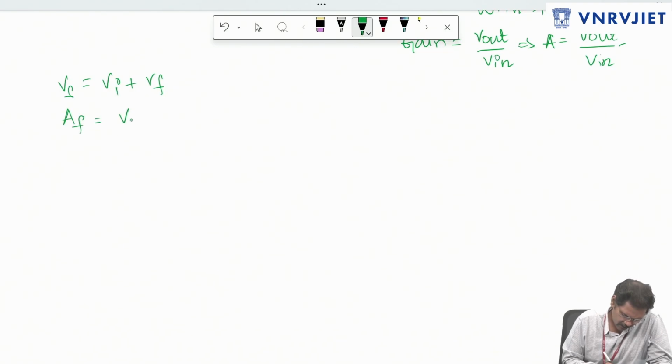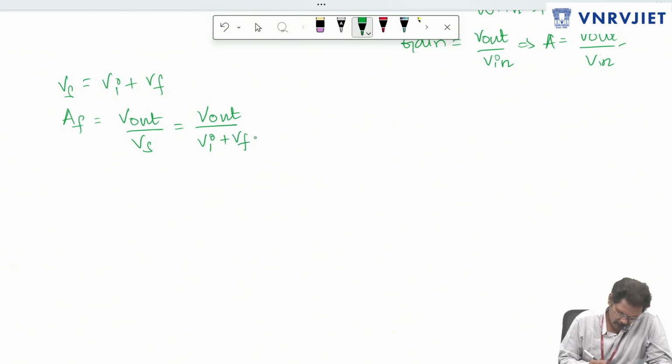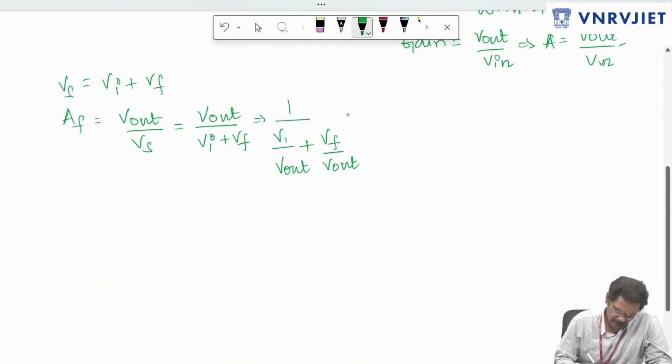AF is the overall gain, output Vout divided by the source voltage. I'll retain the Vout as it is, and instead of Vs we have seen that it is Vin plus Vf. Now I'll take the Vout to the bottom, so I'll write it as 1 divided by Vin by Vout plus Vf by Vout. Now 1 by Vin by Vout is like 1 by A, and Vf by Vout we have seen is beta.